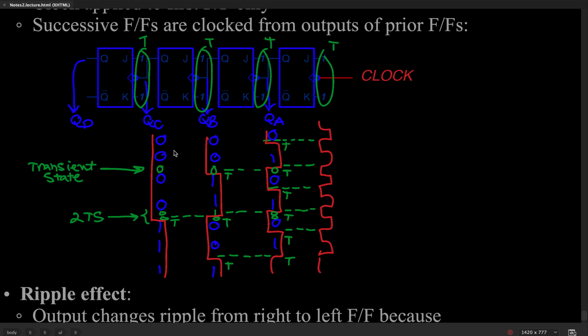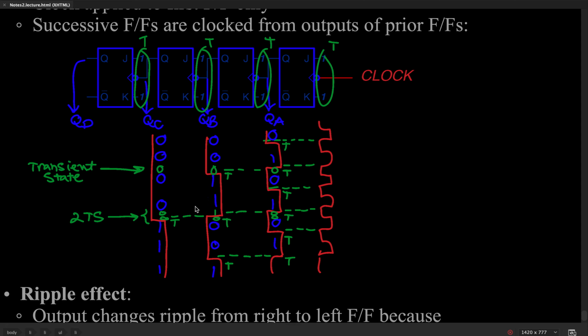For example, when I change between the blue 1 and the blue 2, two flip-flops have to change. Because they're not changing simultaneously, the first flip-flop changes for a brief moment to be a 0, while the other two remain 0. Then, a very short period of time after that, that 0 changes to a 1. So then I arrive at the final answer of 2, but I have to go through a green transient state in between the 1 and the 2.